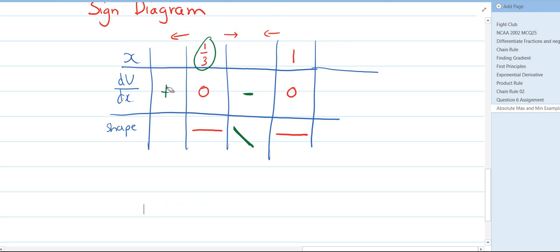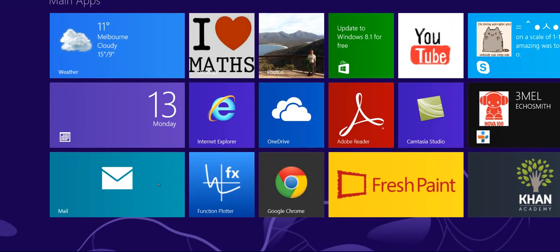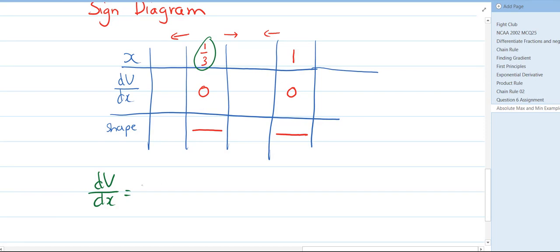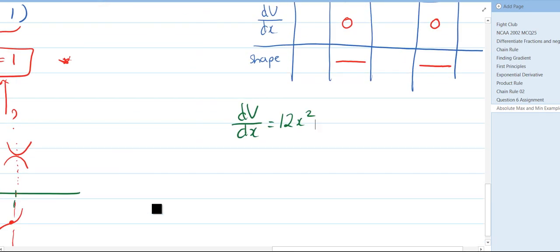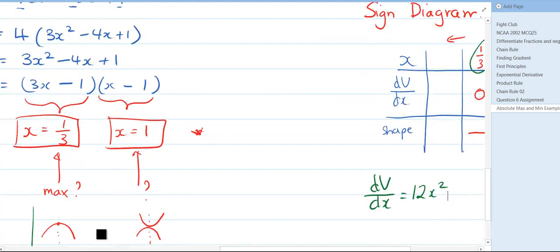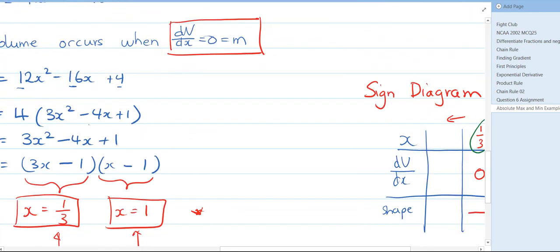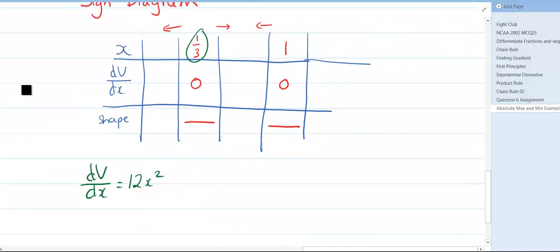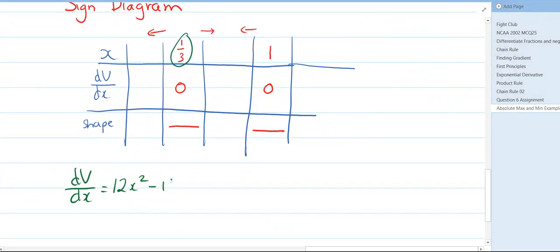Okay, so what you have to do now, and this is all trial and error, you pick a number less than 1/3 so that you can find out dv dx. Now remember, dv dx, which we found the derivative, was 12x squared minus 16x plus 4.